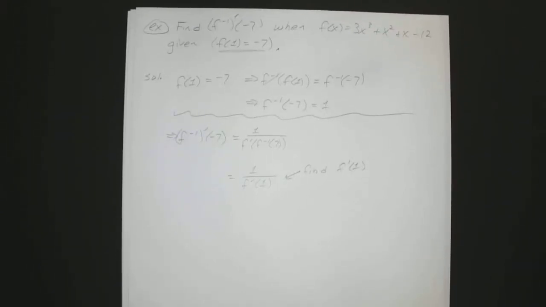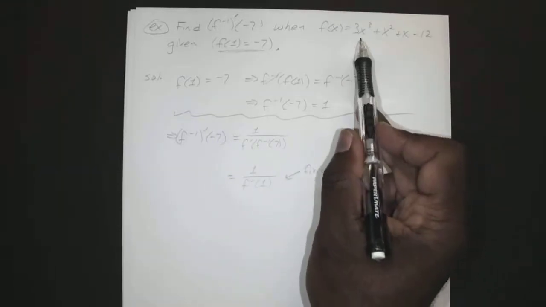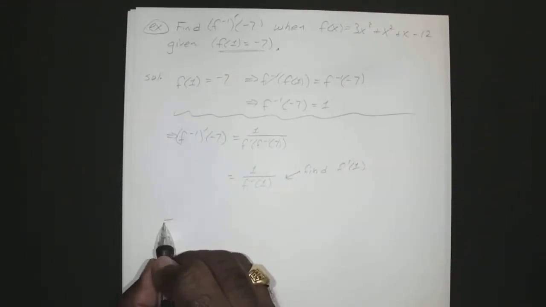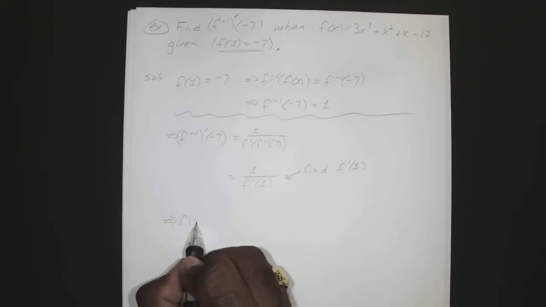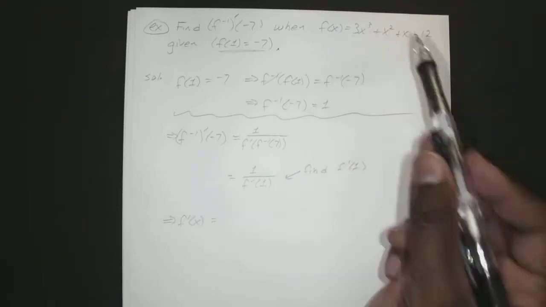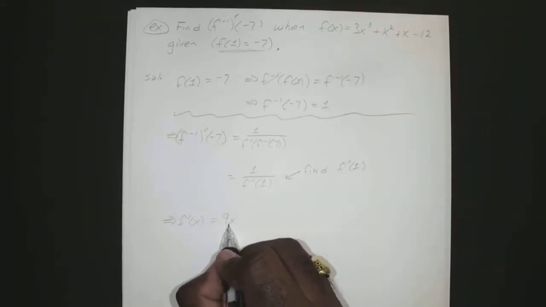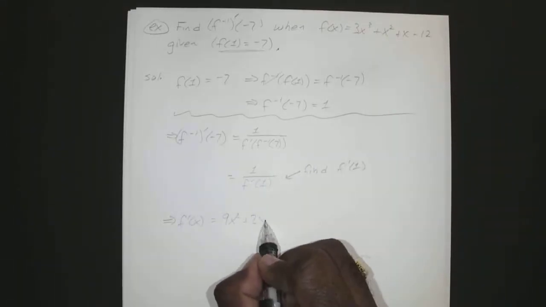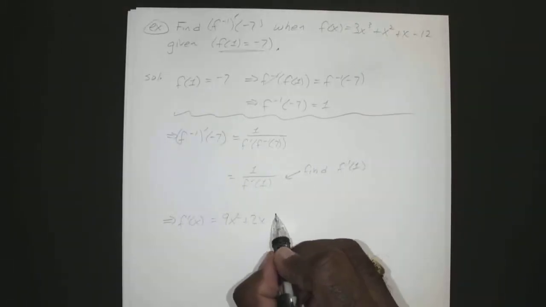Okay. So we know f of x is 3x to the third plus x squared plus x minus 12. So f prime of x is going to equal, bring down our 3, so we have 9x squared, plus, bring down our 2, 2x, plus 1.